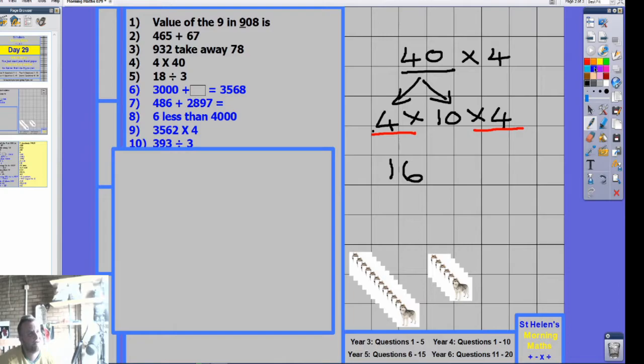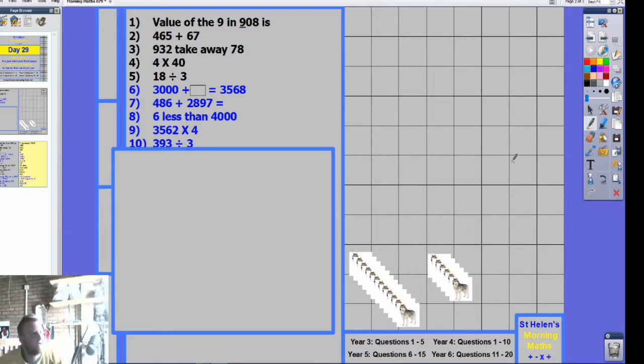What haven't we calculated yet? We haven't multiplied it by 10. So let's multiply 16 times 10. If we multiply 16 by 10, everything moves up 1 place value. So we have 16 over here. The 6 becomes a 10, and the 10 becomes 100. My answer is 160. So that's multiplication in disguise.